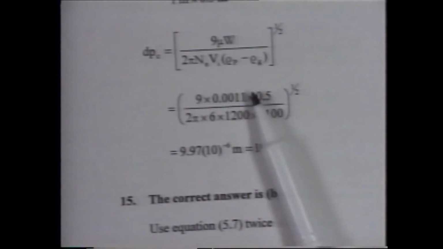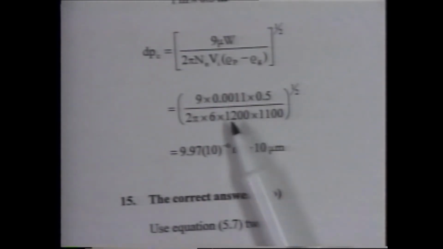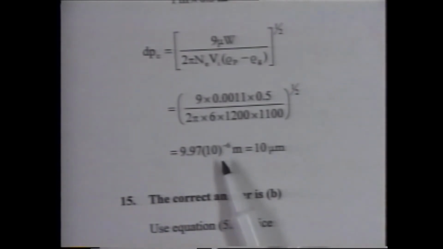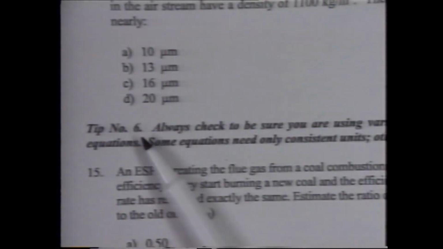We simply plug in all the numbers, and we're going to come out with meters squared here. To the 1/2 will give us meters, so the cut diameter comes out in meters, and we can convert that to microns by multiplying by 1,000,000. And after that problem, we'll come up to tip number 6.